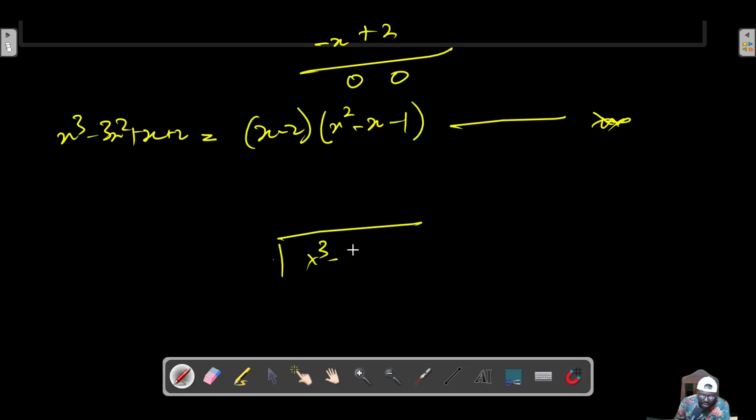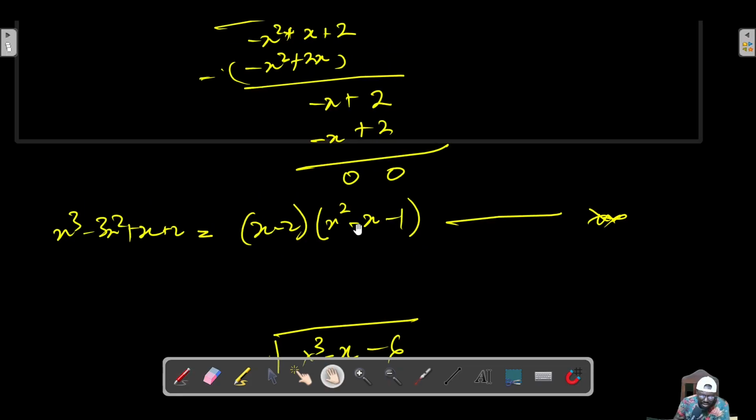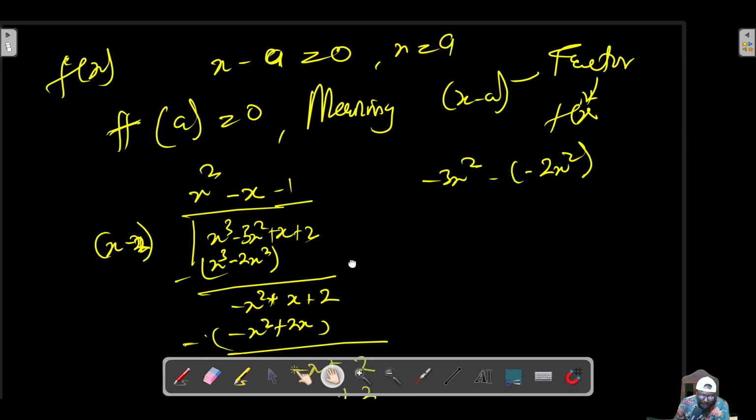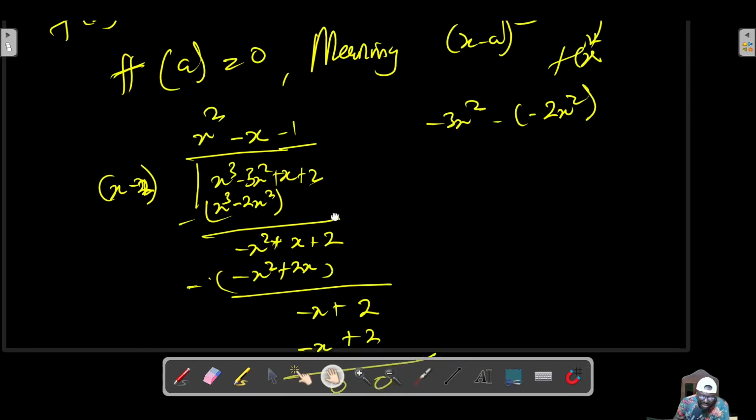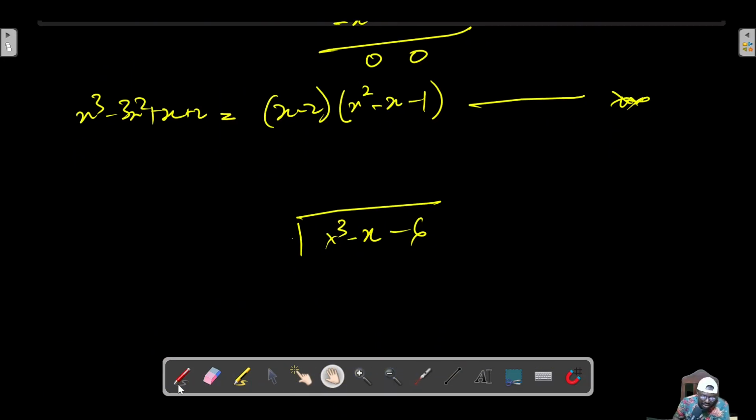X cubed minus x minus 6. Let me check if that is all. X cubed minus x minus 6, yes. The divisor was x minus 2. So we'll do the same thing here.